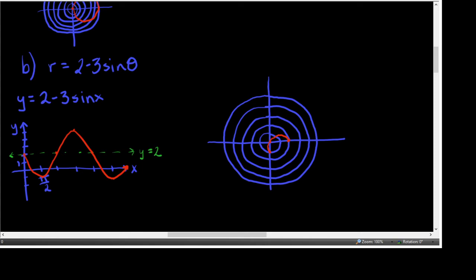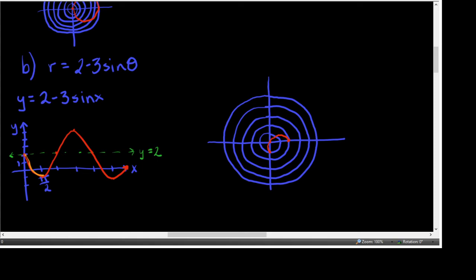So that part of the curve, let me get a different color here so you can see what I'm trying to refer to. That part of the curve that we just did is the representation that I just drew in that yellowish orange color. That corresponds to what is on your polar grid over to the right.